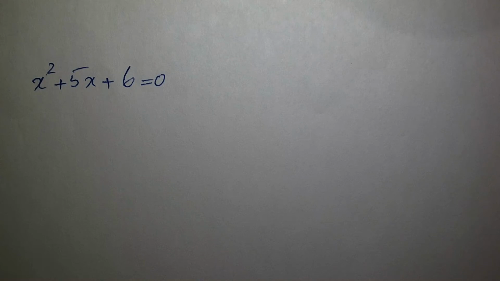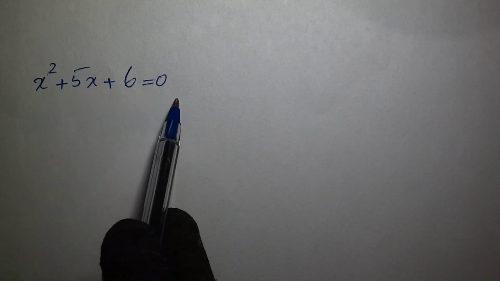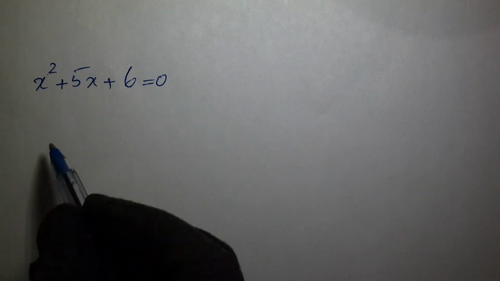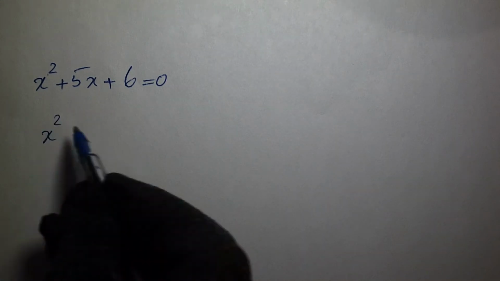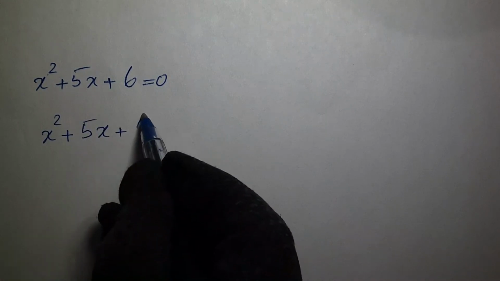Let's solve this equation by factoring. Step 1, we need to have our equation in standard form, which we already have. Step 2, we need to factor the left side of this equation. You remember how to factor x squared plus 5x plus 6.